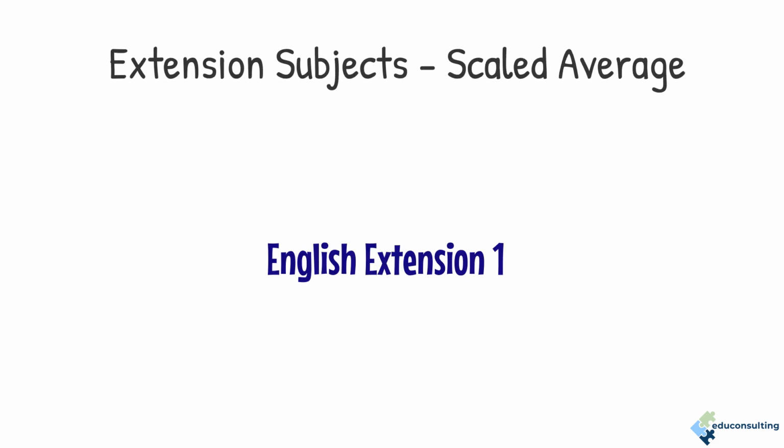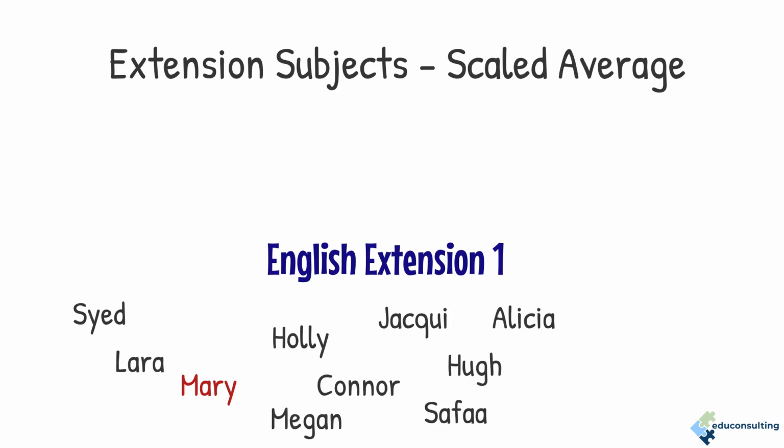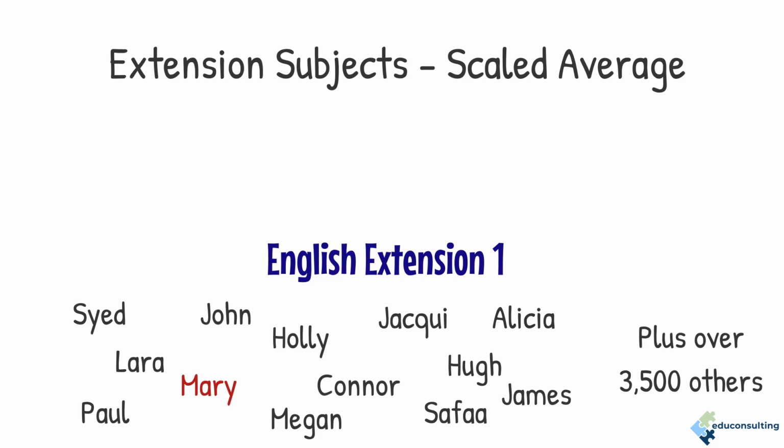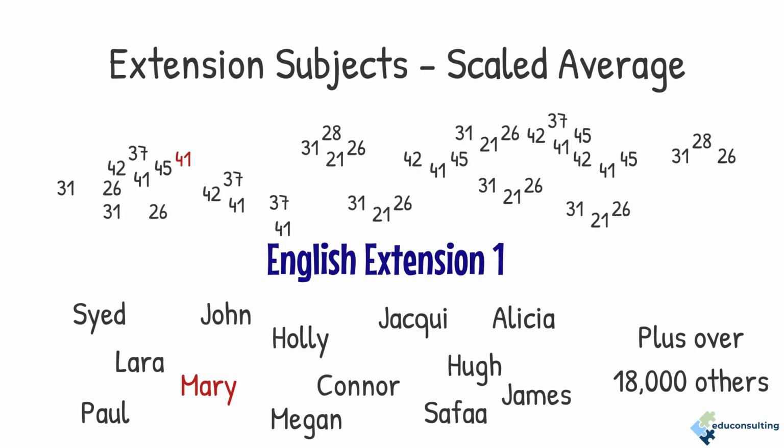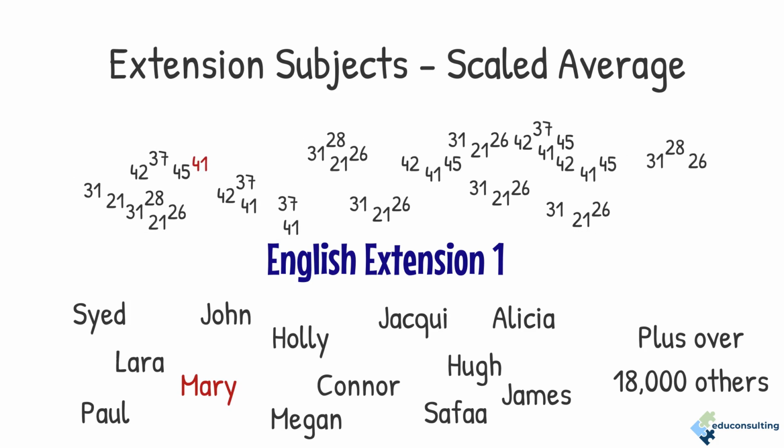Extension subjects work a little bit differently, so we'll take a look at English Extension 1. Mary studied English Extension 1 along with other students in her school and a little bit more than 3,500 other students. For extension subjects, we only take the scaled score of the base 2-unit subject into account when we're calculating the average scaled score for the course. So for Extension 1 English, we take every Extension 1 English student's results in Advanced English, and then we average those out.